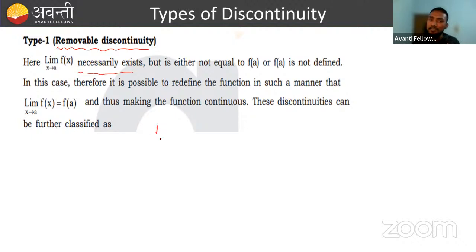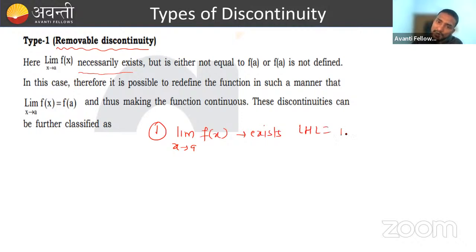Like the first case: the limit as x tends to a of f of x exists, meaning LHL is equal to RHL, but it is not equal to f of a.